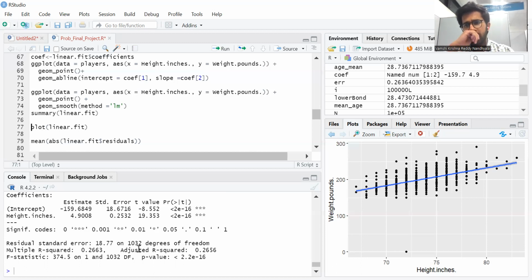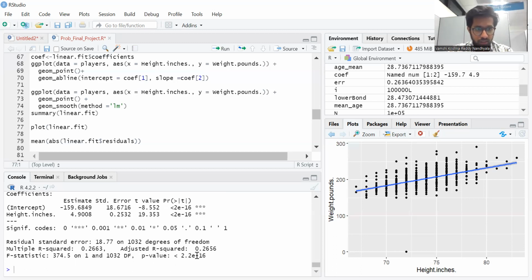I think this is really performing good. There are no issues with this model so far. And adjusted R squared is something very important when we perform multivariate analysis, whereas multiple R squared. So that's what we can analyze from the summary of the linear fit. That is very interesting as well.